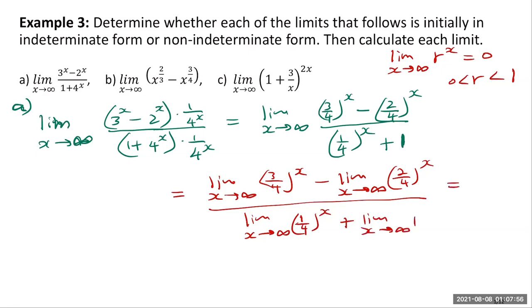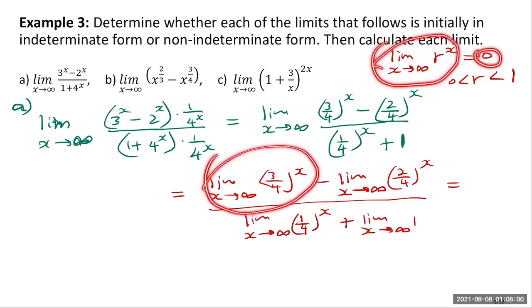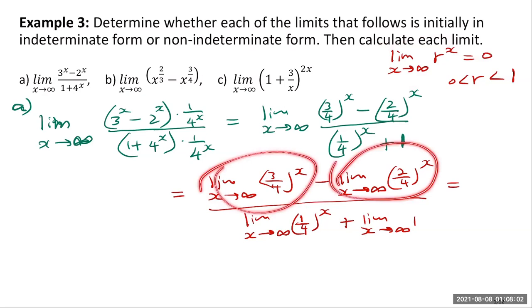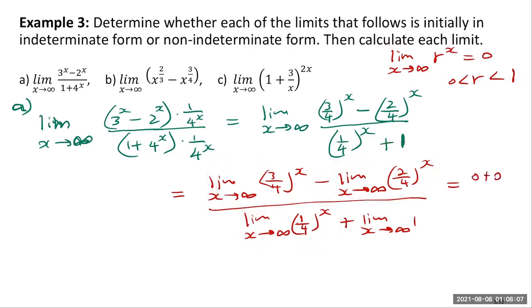Notice that this is 0 from this result. Okay, this limit is 0. This is 0. This is 0. This is 0. So you have 0 plus 0 divided by 0 plus 1, which is 0. So the answer is 0.